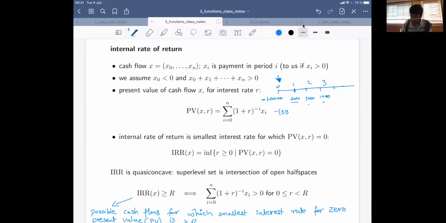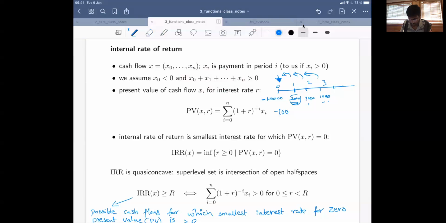Now I am converting all the money to the present instant, checking the value of money at the present instant. You will have some expected return. I'm going to start the business, and I expect that by the end of the first year I may get this return, because I have some criteria to evaluate that expected value. Based on that, I expect that by the end of the first year I will get 2,000, then 3,000, and then 1,000.